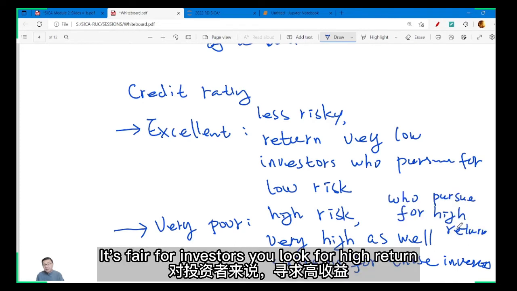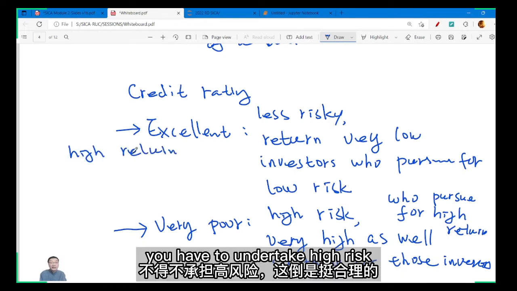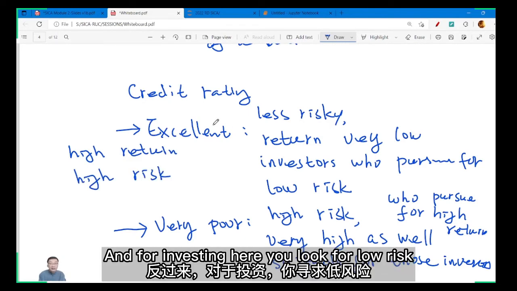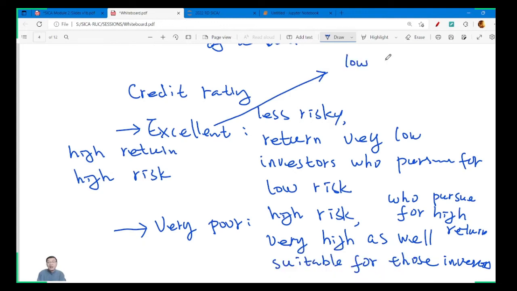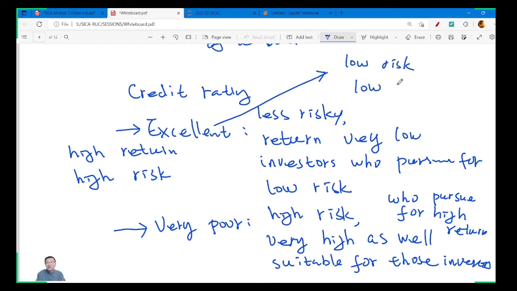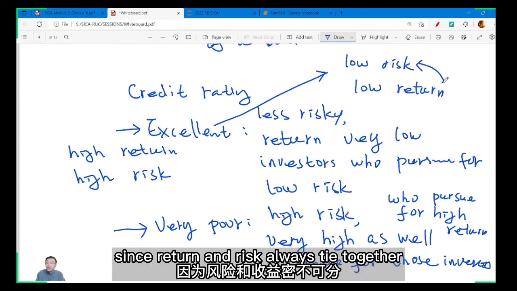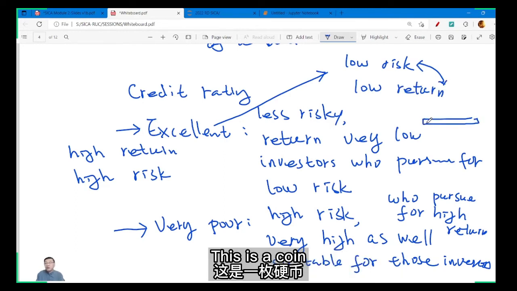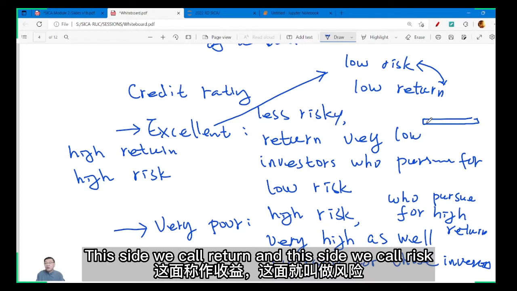It's fair for investors. If you look for high return, you have to undertake high risk. And for the investor here, if you look for low risk, you have to accept the result of low return. Return and risk always tie together, just like the two sides of a coin. This is a coin. This side we call return, and this side we call risk.